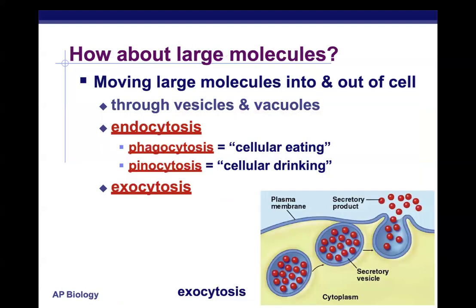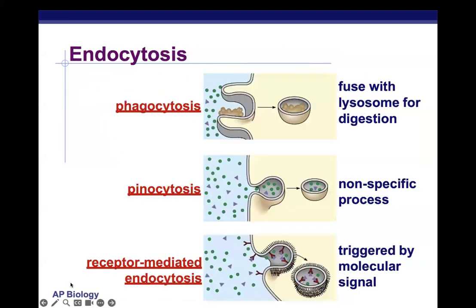But what about large molecules or large amounts of molecules at a time? We move large molecules or large quantities of molecules into and out of the cells through vesicles and vacuoles, through endocytosis and exocytosis. So in endocytosis, substances that are going to be taken endo, into the cell, move towards the cell membrane, and the cell membrane starts to form a bubble around that substance.